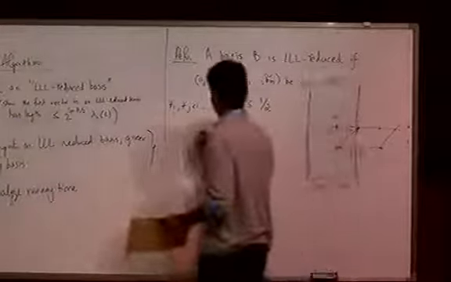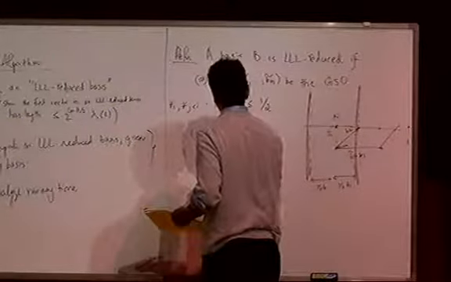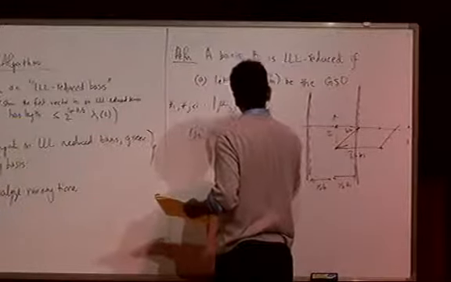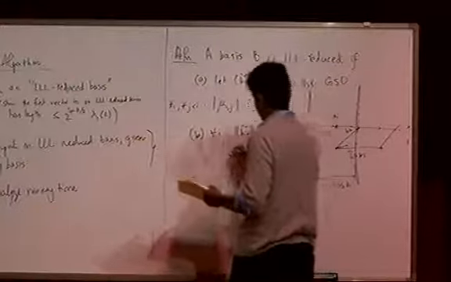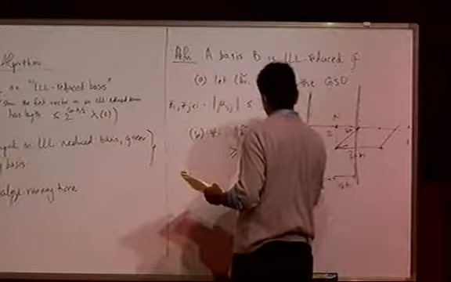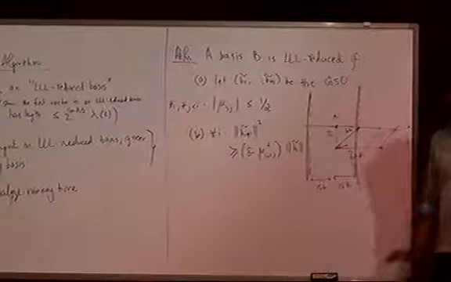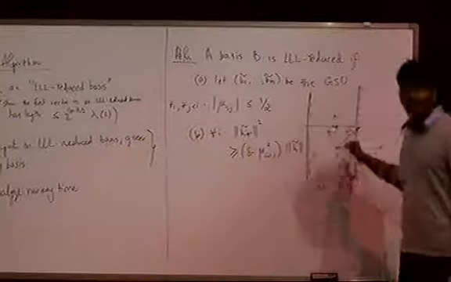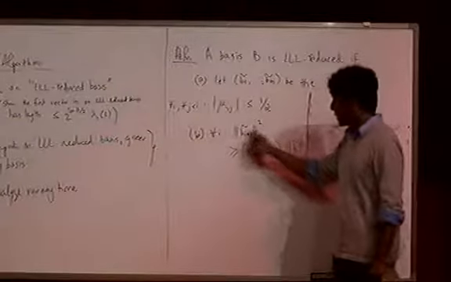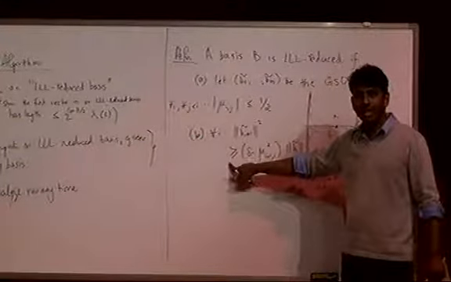That's what the second condition takes care of. It says that for every i between 1 and n, the length of b(i+1) tilde squared is at least (delta minus mu(i+1,i) squared) times the length of bi tilde squared. Let's parse this. In the two-dimensional case, say i+1 is 2 and i is 1, this says that the length of the second orthogonalized vector is larger than a certain bound.